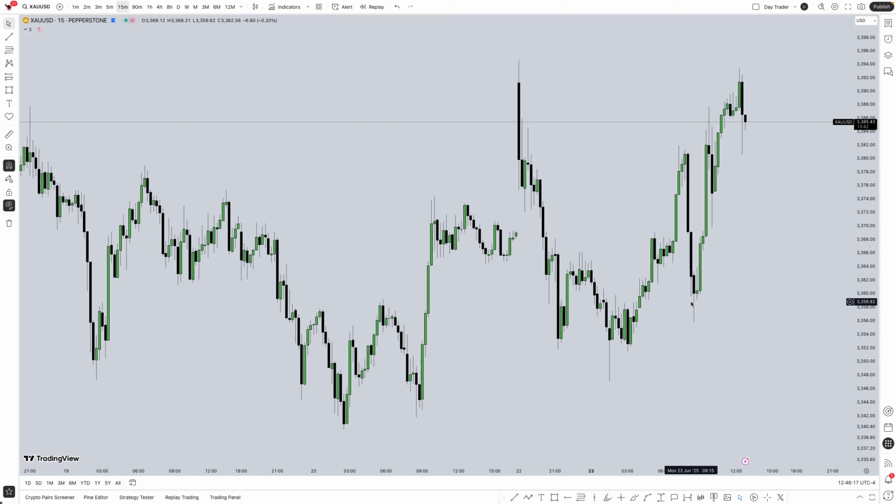We did not have news today, so the Judas Swing will be to the downside, clearing whatever low has been created between 7 o'clock and 8:30, or it could be relatively equal lows during London, on 1 minute. That's what I'm looking for before I continue with it going higher.